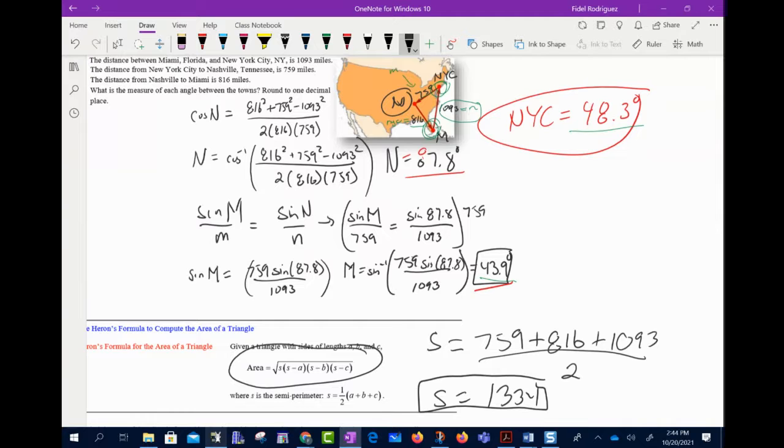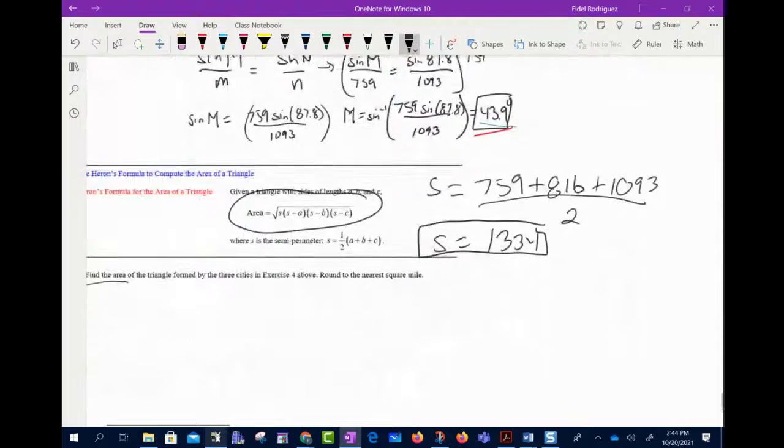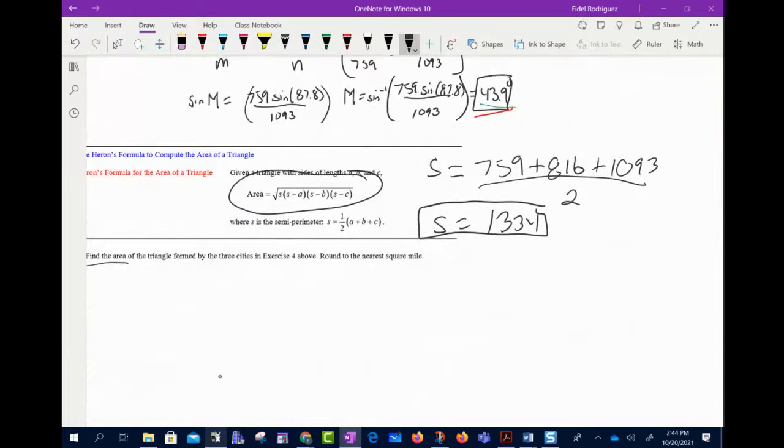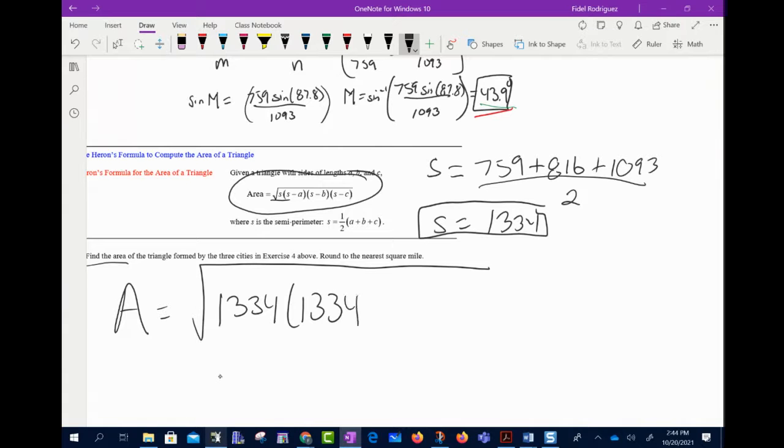Second thing we need to do, we need to take that s and subtract each of the three sides with it, okay? So look, y'all, what I'm going to do is I'm going to write the formula for my area. So the first part says s. Well, we know s is 1334. The second part is going to be 1334 minus each of those sides.